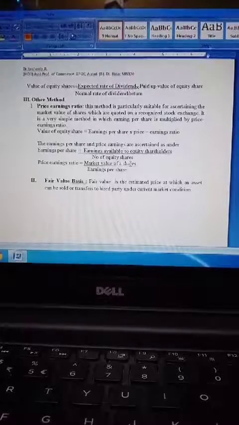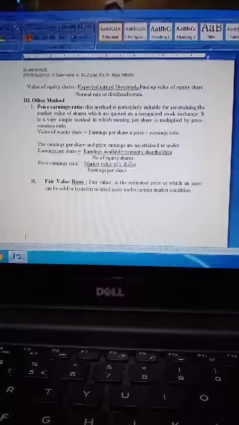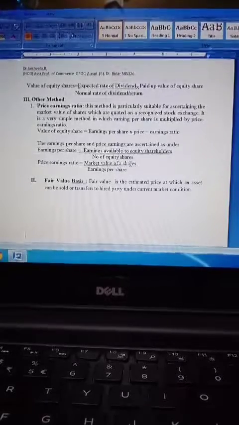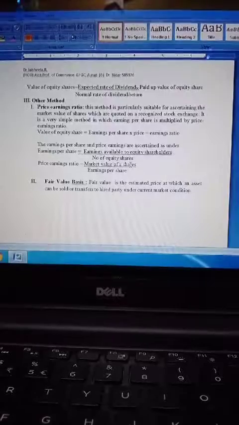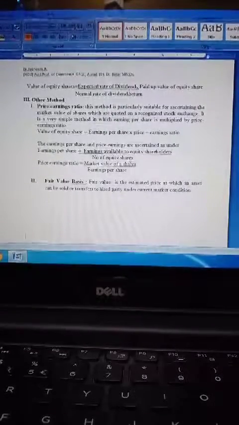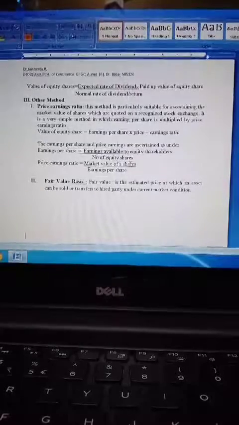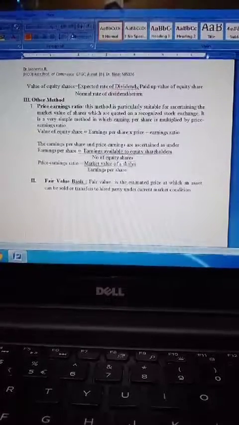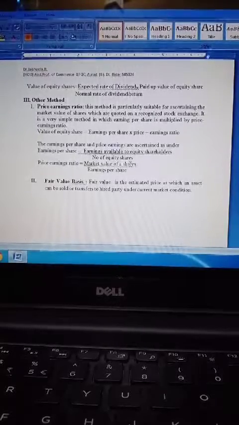In this method, earnings per share is multiplied by the price earning ratio. Value of equity shares equals earning per share into price earning ratio. The earning per share and price earning ratio are ascertained as under the following formulas.